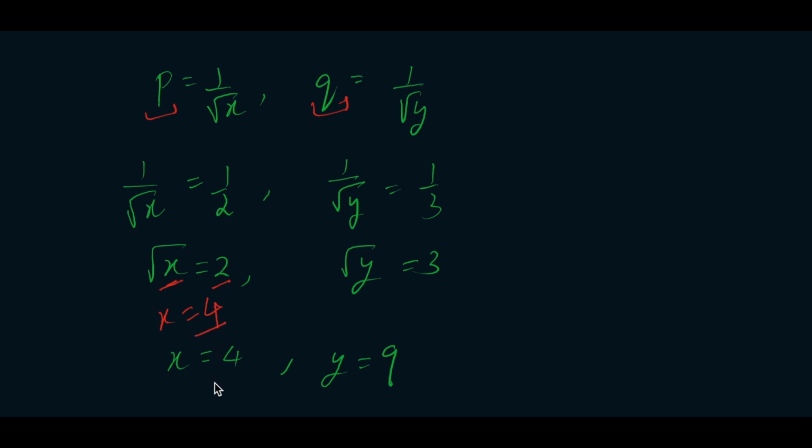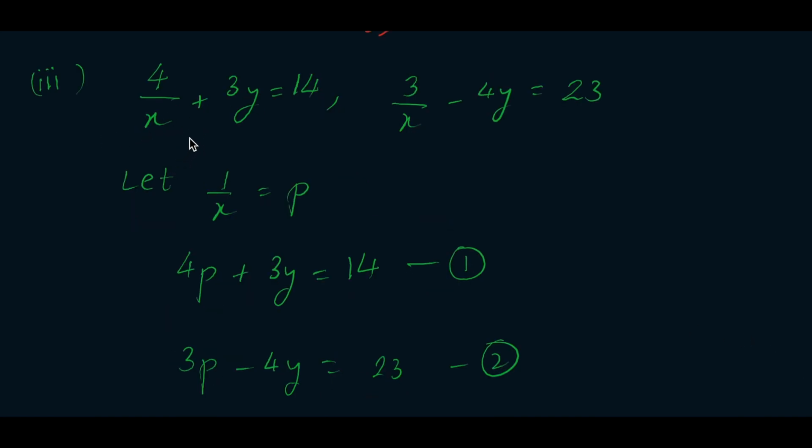So the value of x is 4. Now here q is equal to 1 by root y and q is also equal to 1 by 3. So 1 by root y will be equal to 1 by 3. So the value of root y equals 3. Hence the value of y is 9. So this is the final answer, that x equals 4 and y equals 9.